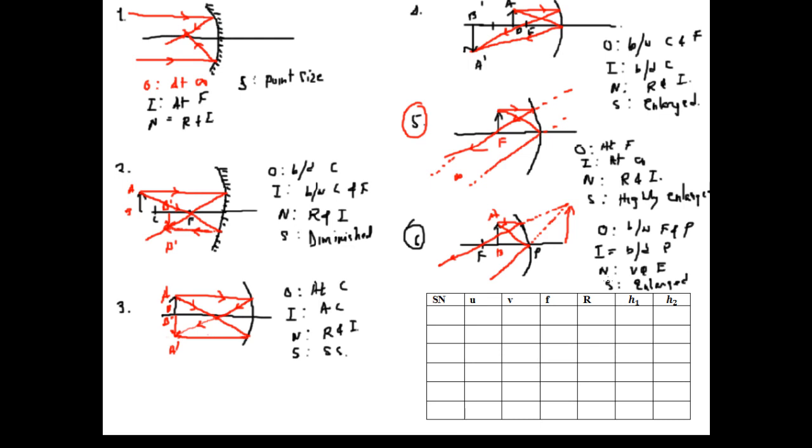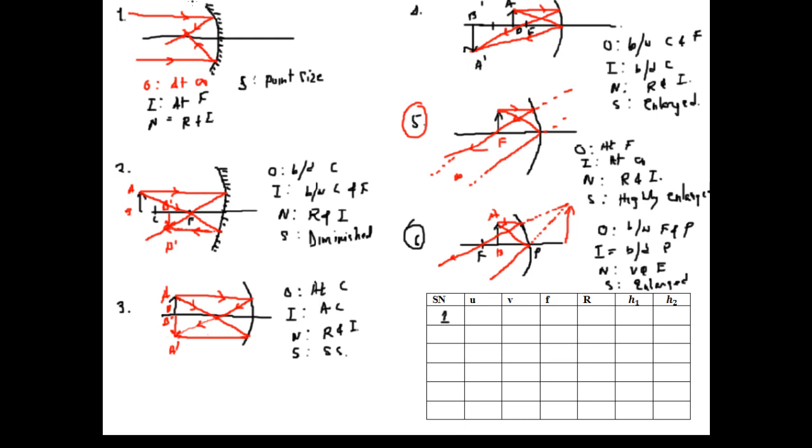So definitely u should be negative. V should be, again you're measuring it from here to here, which is V. So V should again be negative. Focal length, again opposite to the direction of light, should again be negative. What about R? R will also be negative.